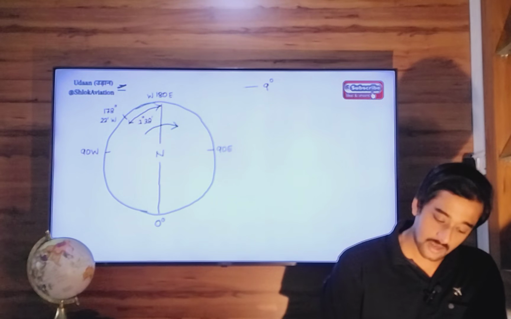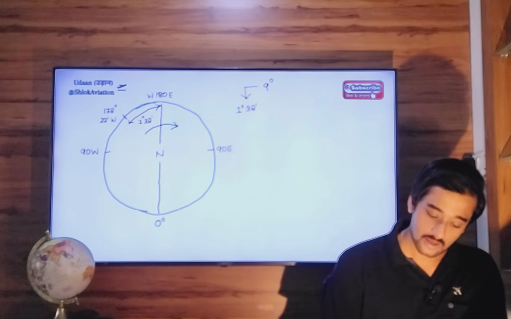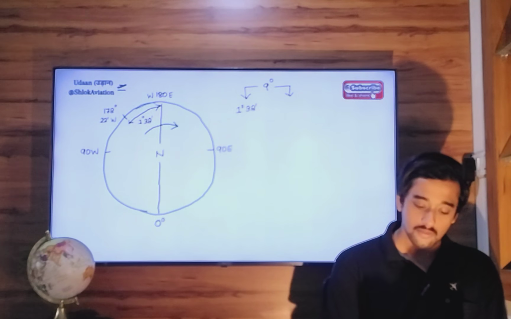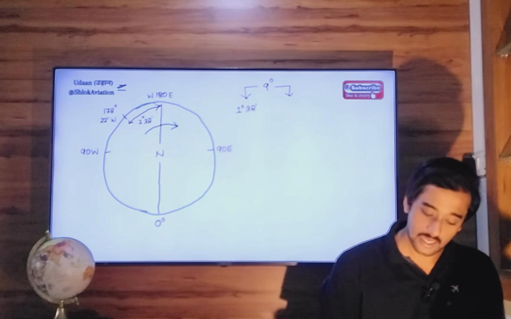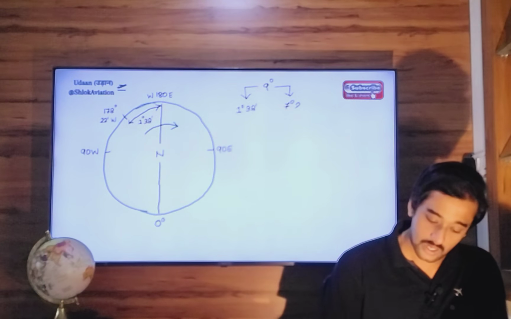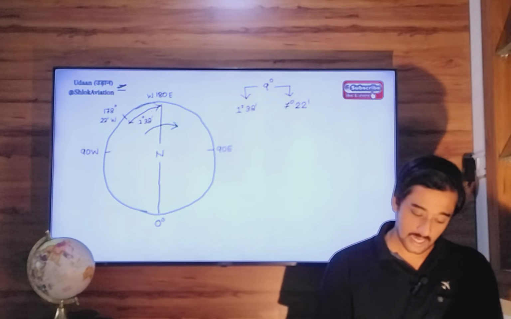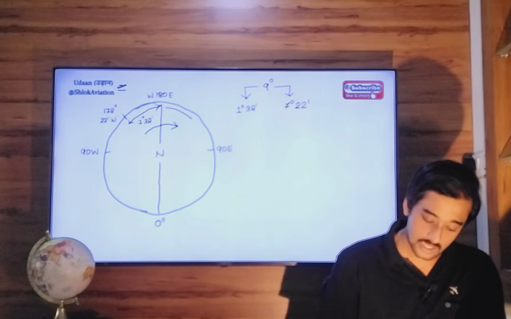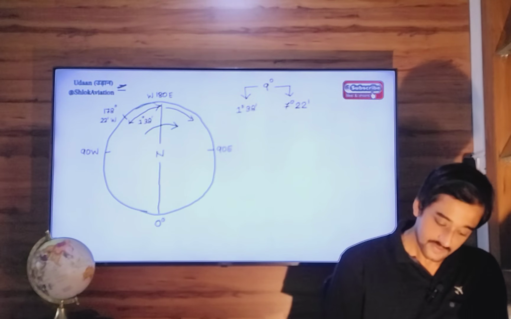Out of that 9 degree, 1 degree 38 minutes will be travelled in the western hemisphere. So what is the remaining d long? Minus 9 degree. Remaining d long is 7 degree 22 minutes. So this 7 degree 22 minutes will be travelled in the eastern hemisphere.